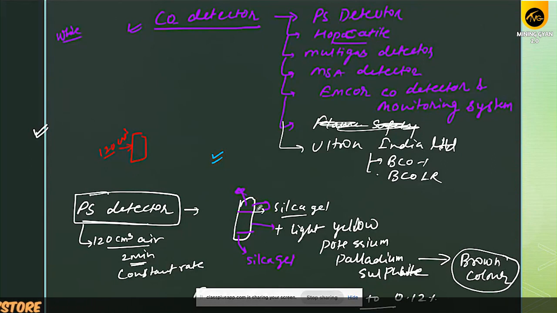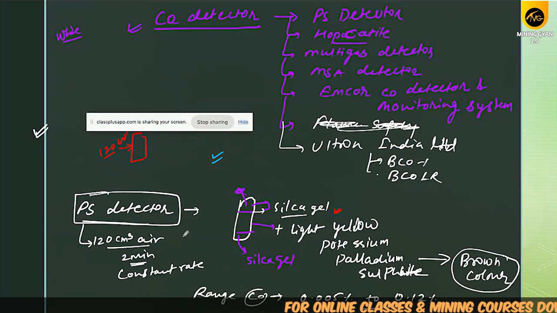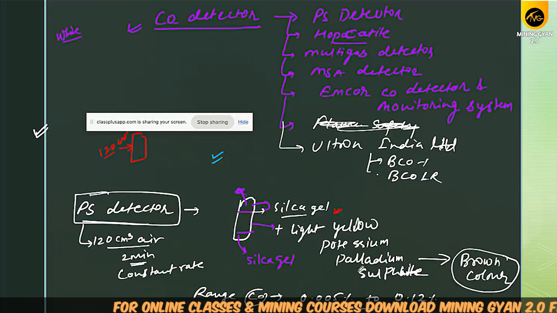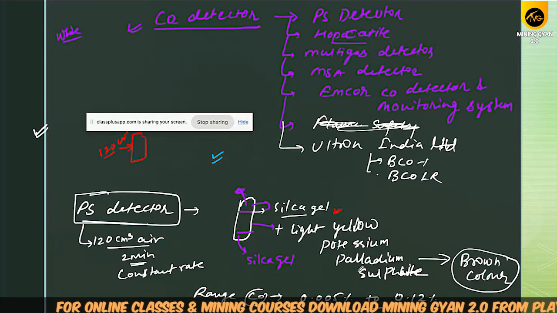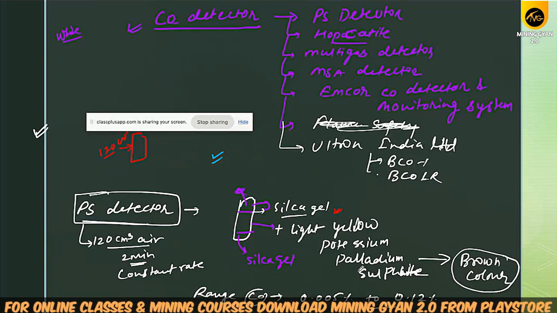It is like a tube where on both sides the silica gel is present, and the yellow potassium palladium sulfide changes color to brown, and the range is 0.005% to 0.12%. We consider this if we are taking the PS detector.